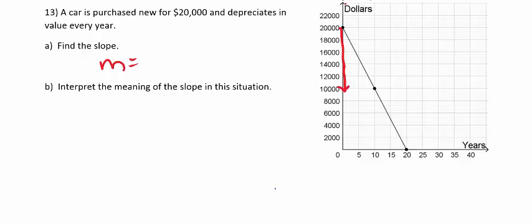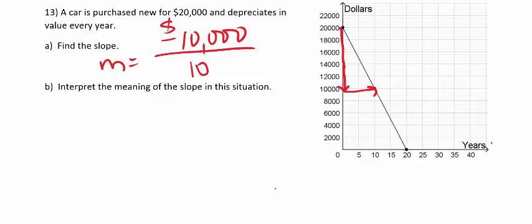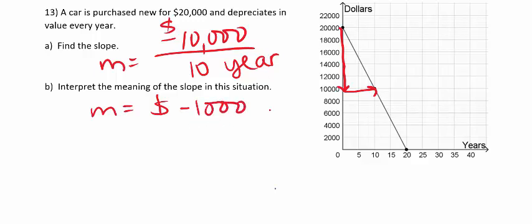Our units here are dollars, so we had to come down, that's a negative number, $10,000, and then we go across, our run is 10, and our units are years for the horizontal axis. So it's going to depreciate or come down in value $10,000 every 10 years. Now that simplifies to be a negative $1,000 every year.